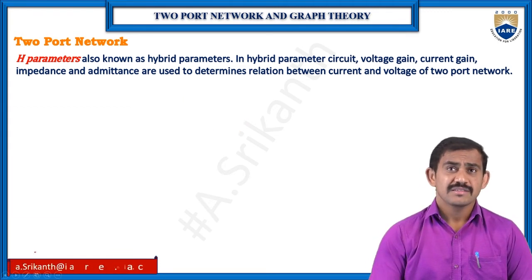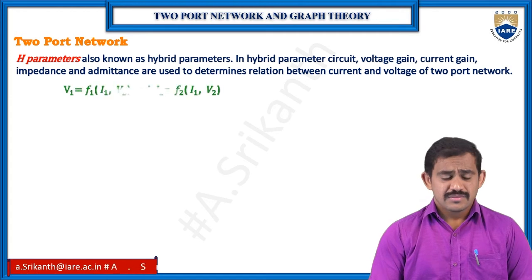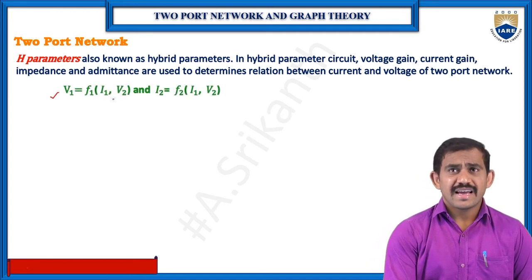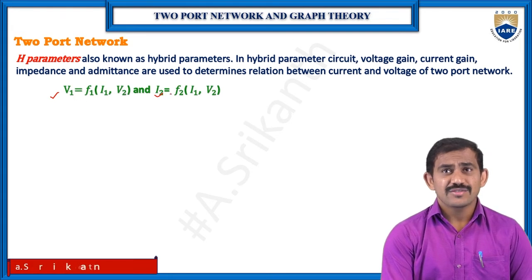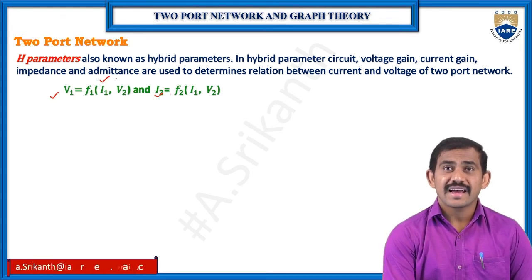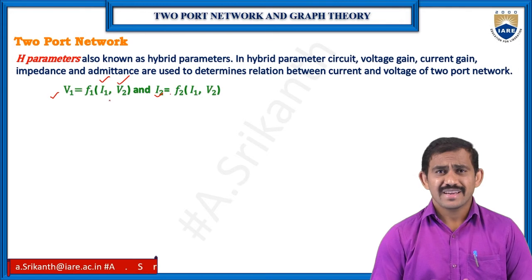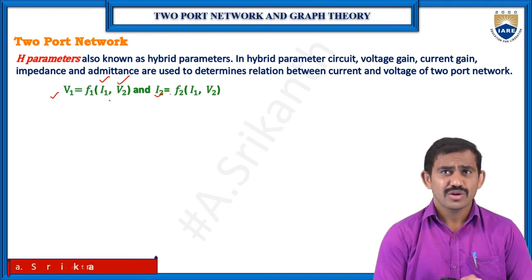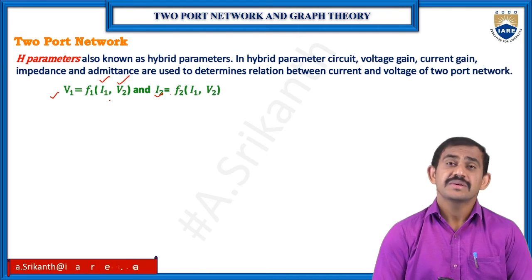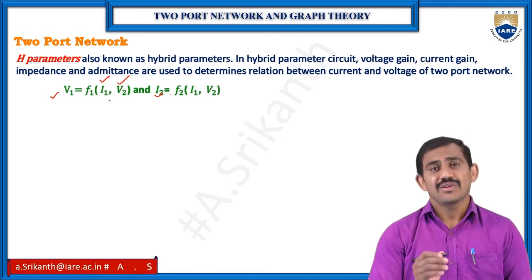H parameters are V1 and I2 in form of I1 and V2. So it's a mix of primary and secondary: primary voltage and secondary current in form of primary current and secondary voltage.